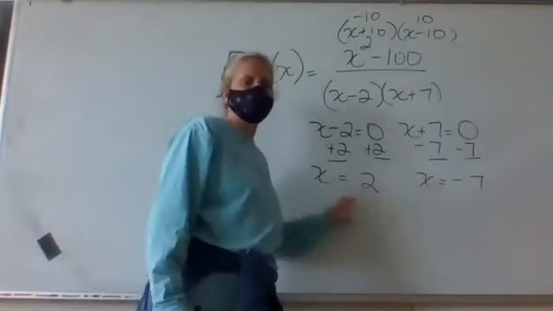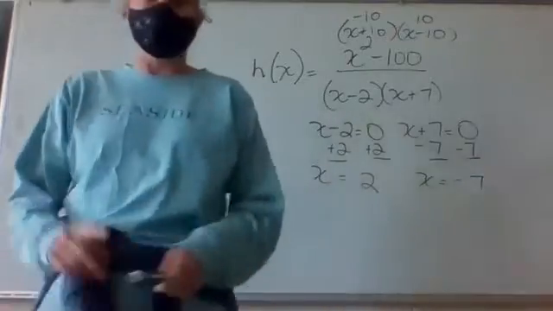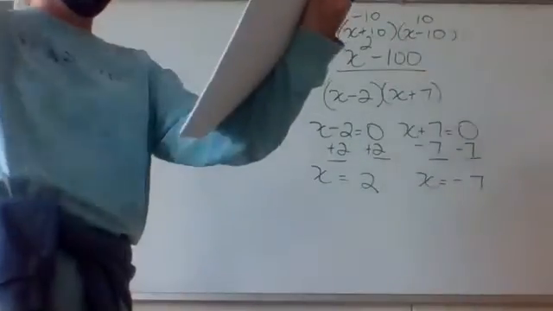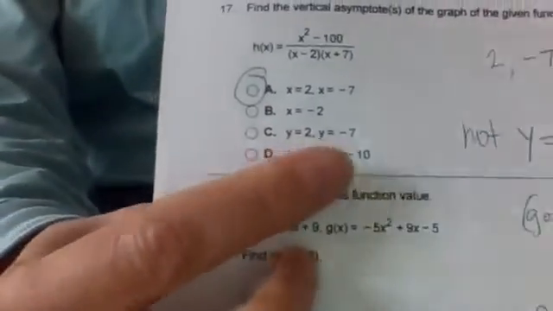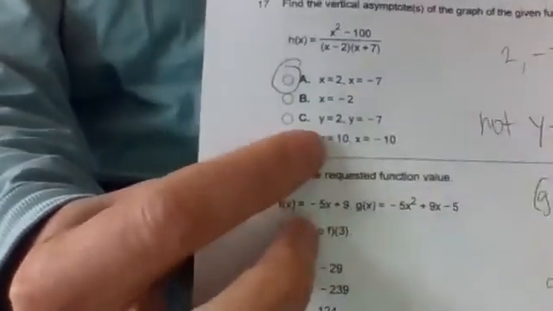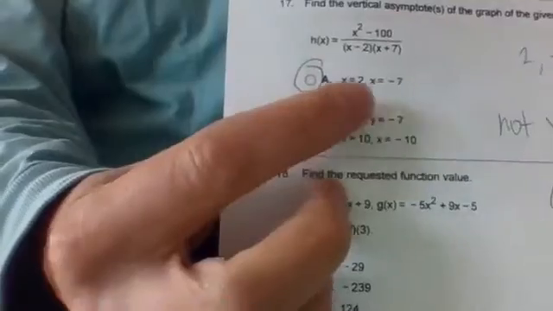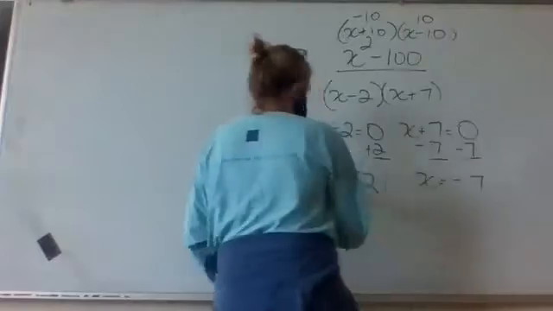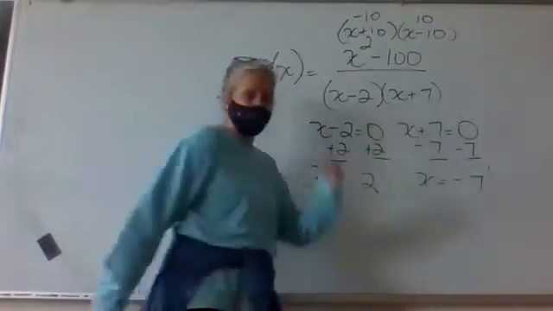So these are two true vertical asymptotes. Just be careful, because look at what one of the options is. It also has 2 and -7, but it's y equals. Remember, vertical asymptotes are always x equals, so don't get fooled by the y equals ones.